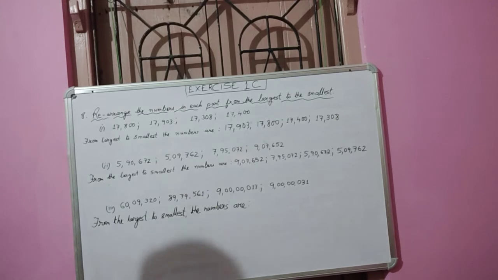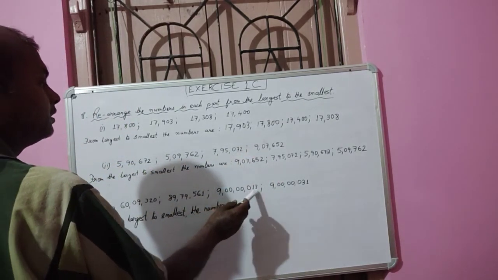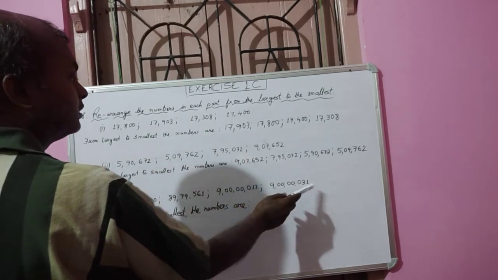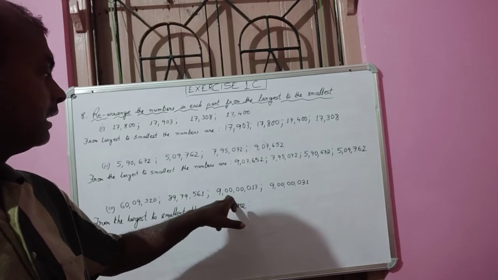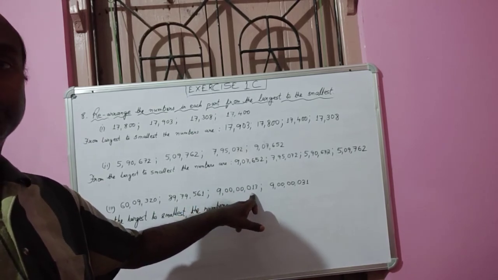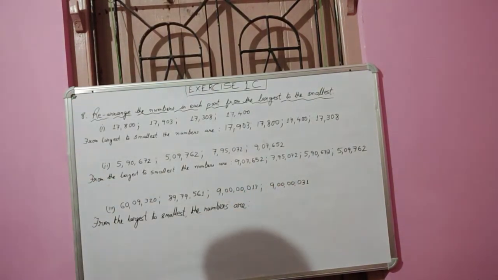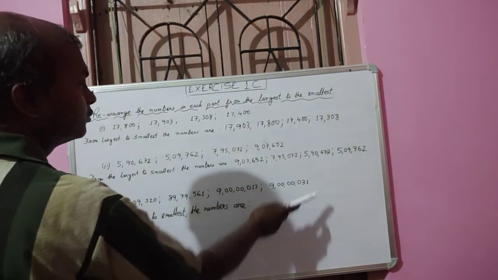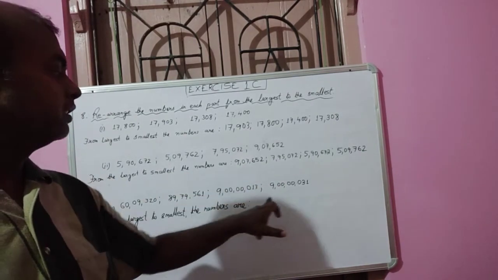So the biggest number we have to choose is between these two numbers. This is 9 crore 13. This is 9 crore 31. All the other places are 0: lakhs house 0, thousands house 0. So the valuation you have to do based on the numbers in the ones group. In the ones group here is 30, here is 31. So 31 is greater than 30.